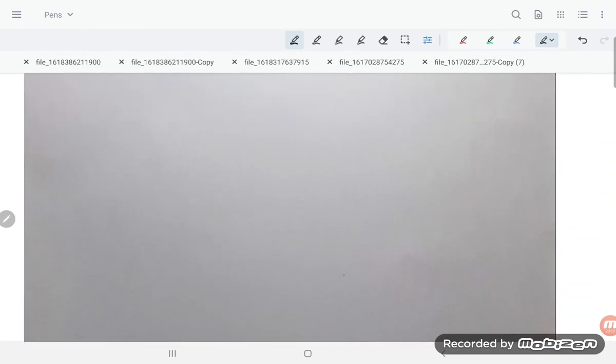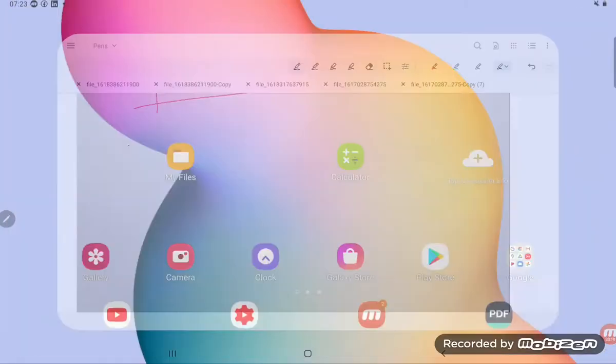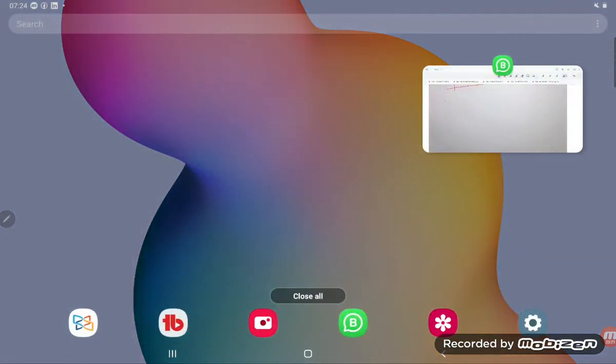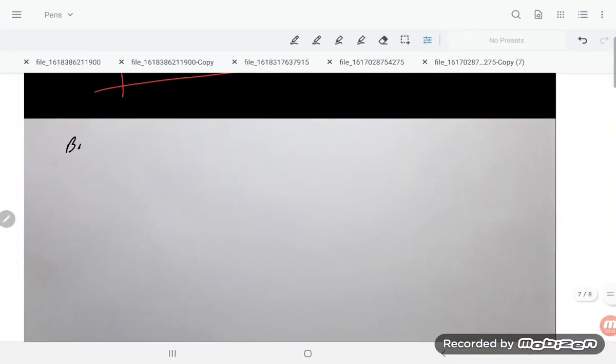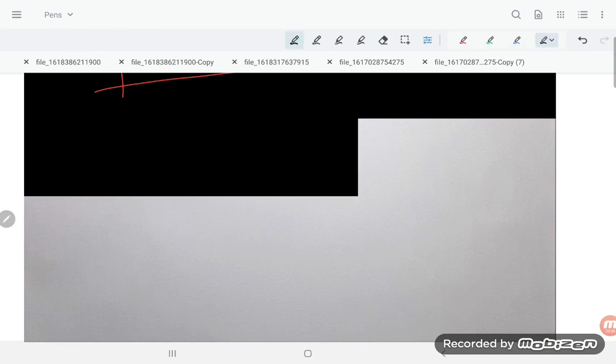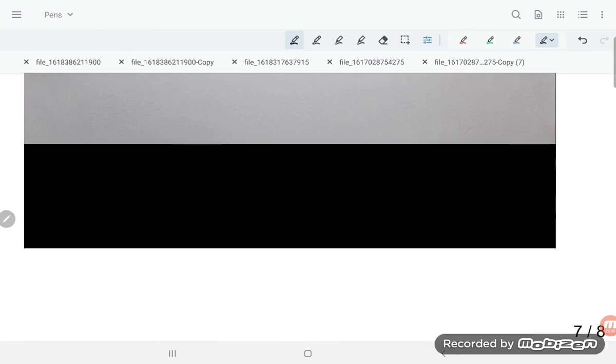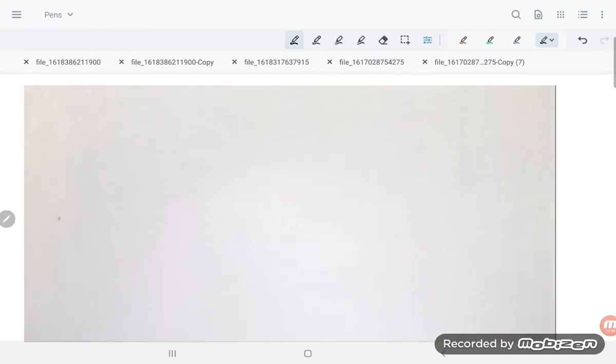Now the last method we have to understand, students, is by Kolbe's electrolysis. Let us try to understand how you can prepare the hydrocarbon by Kolbe electrolysis.